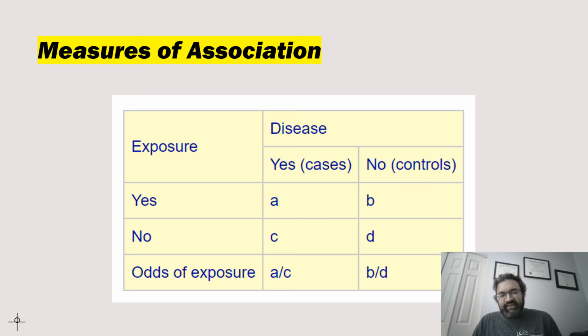So just to look at measures of association now, when you're thinking about the odds of exposure, then it's A times D divided by B times C. So this is what? It's odds ratio.